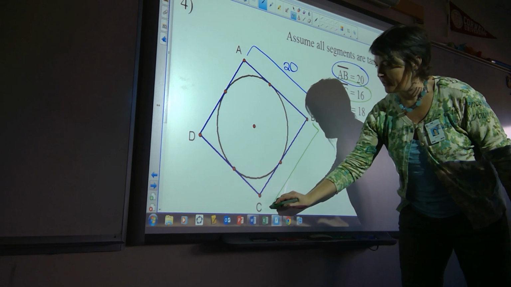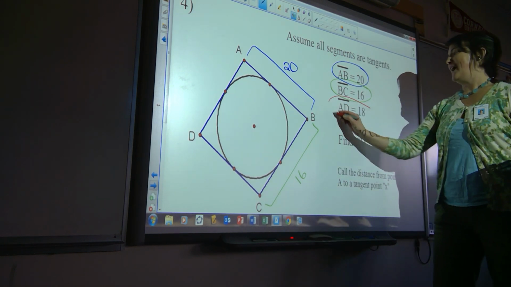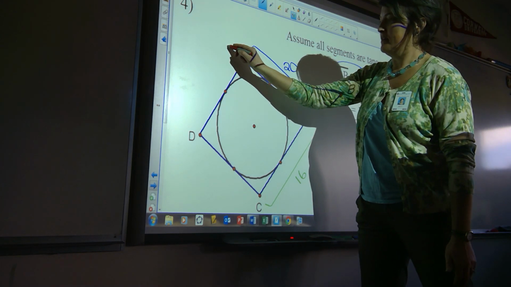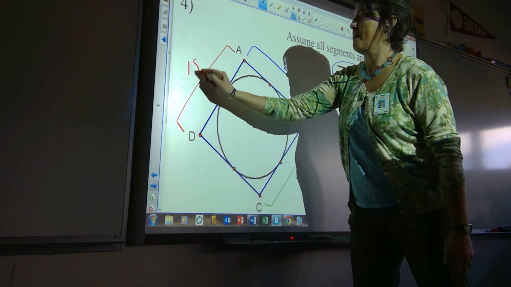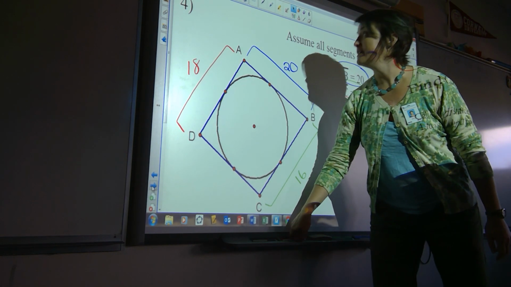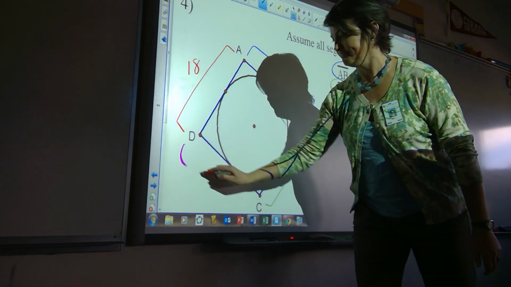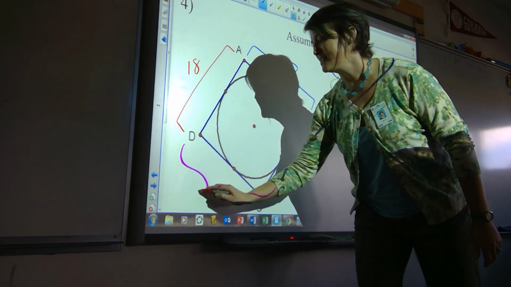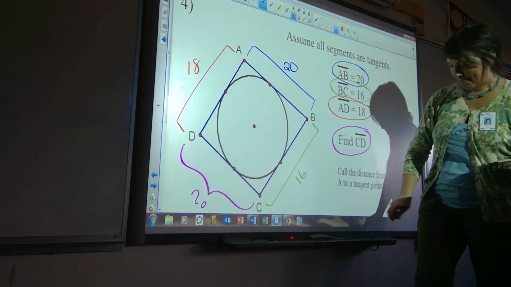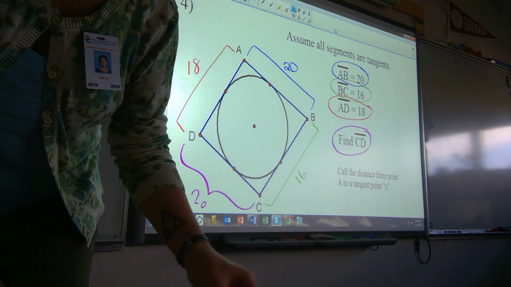So this whole thing here is 16. And AD is 18. So the question is, could you find the length of this with just that information? And the answer is yes, you could.